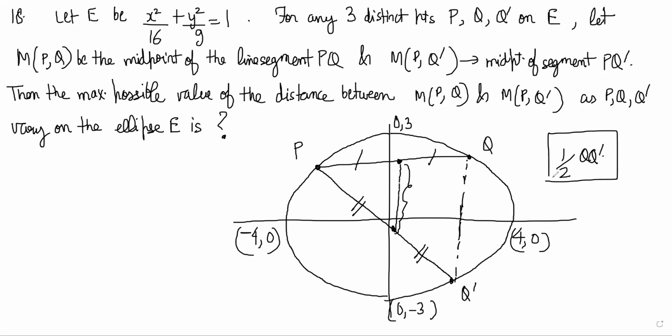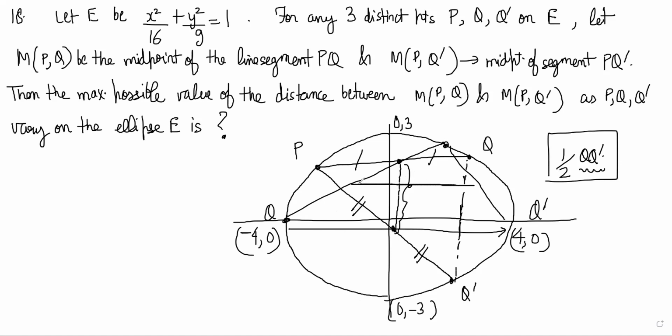So if I want to make this as big as possible, I want to make QQ dash as big as possible, right? What is the biggest QQ dash you could have selected? It will be the length of the major axis. Q could have been here, Q dash could have been here, and P can be anywhere after that, right?